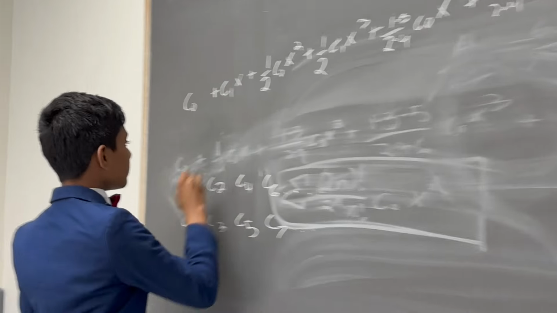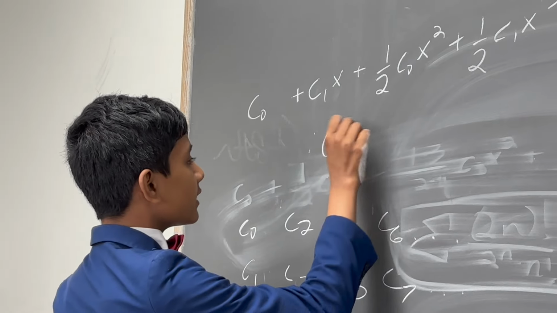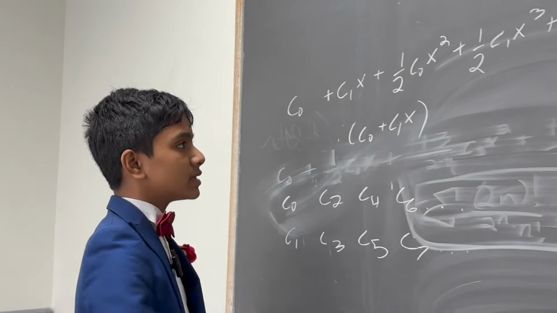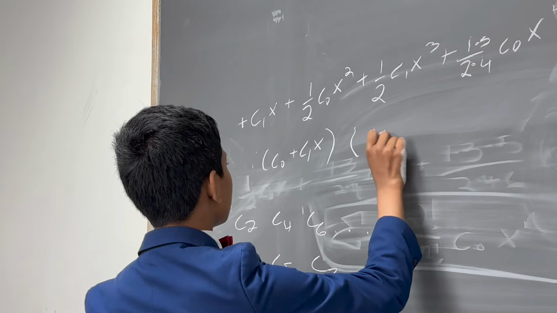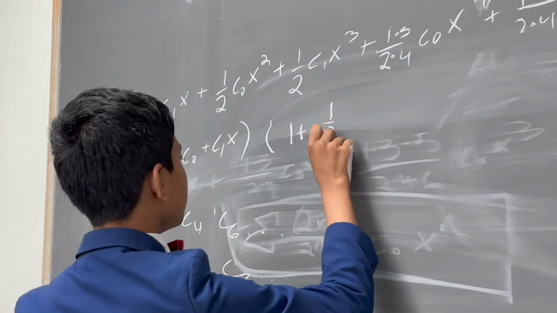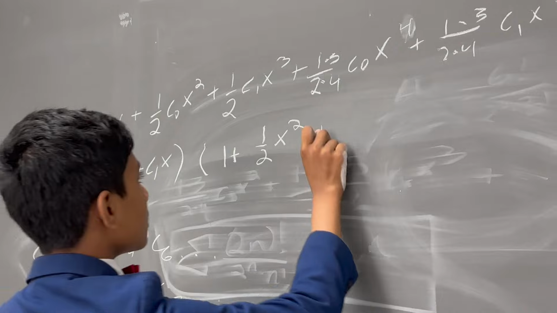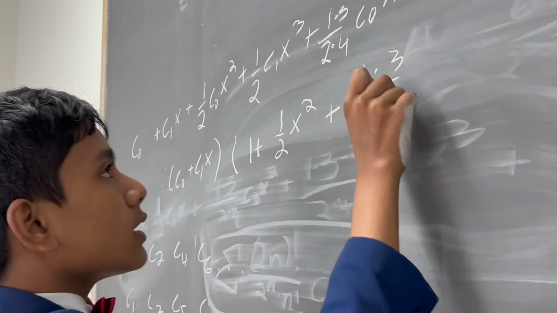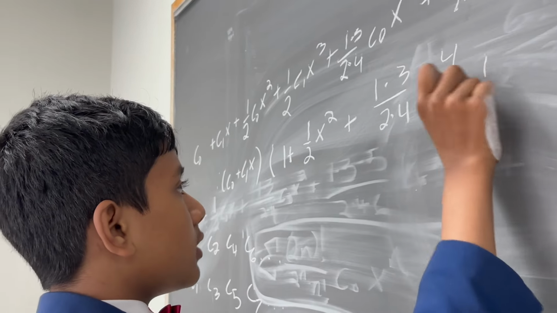So what do we get? Well, you'll notice we can factor out C0 plus C1x from this entire expression to get 1 plus 1 over 2 x squared plus 1 times 3 over 2 times 4 x to the 4th, and so on and so forth.